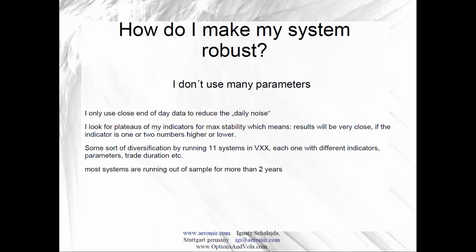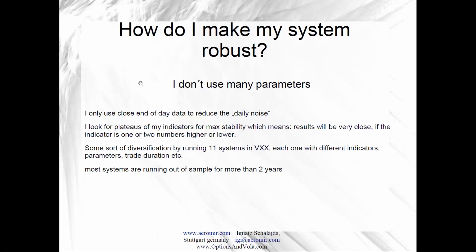I only trade my system close end of the day, which means I trade the last 15 minutes or so. So this is also a good possibility for people who are working, and my signals are relevant in the last half hour when the markets are open.